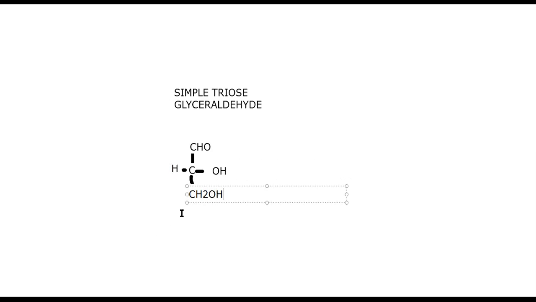Draw it like this: CHO, and then a carbon, and it's linked to an OH group here, an H group here, and then a CH2OH group.